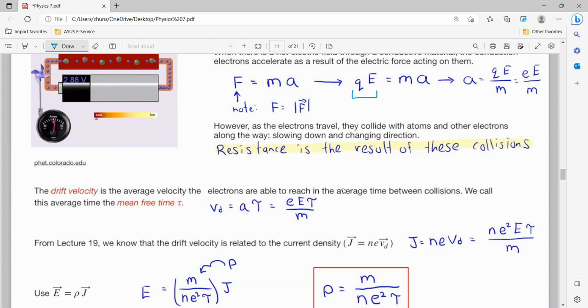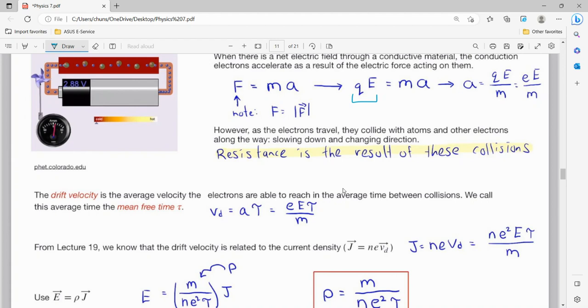We could also express drift velocity as acceleration times tau. Previously we expressed drift velocity as the length of our wire over time, so this is just a different version of that, where our acceleration, which we got from over here, is now being used in this equation, multiplied by tau.